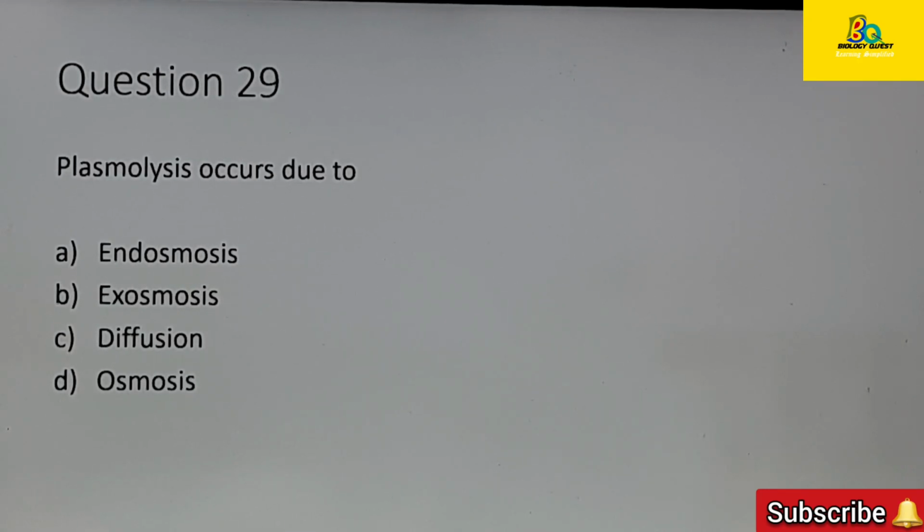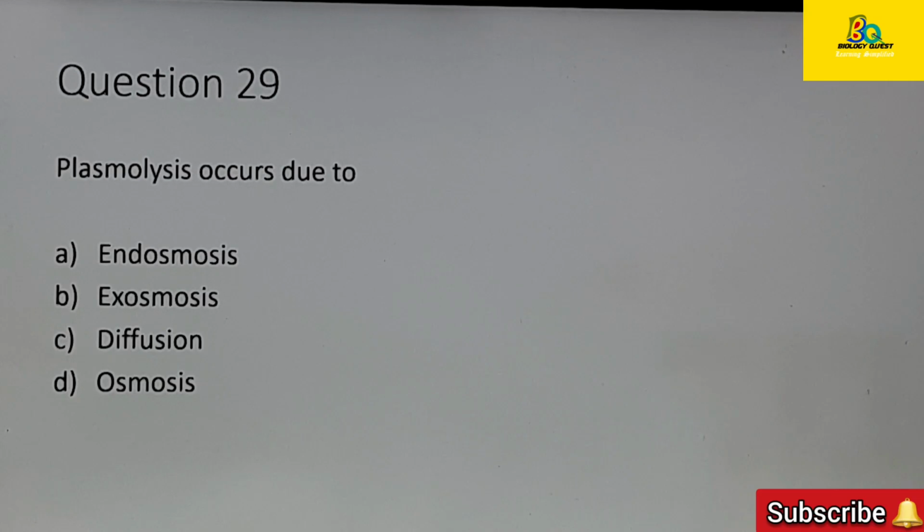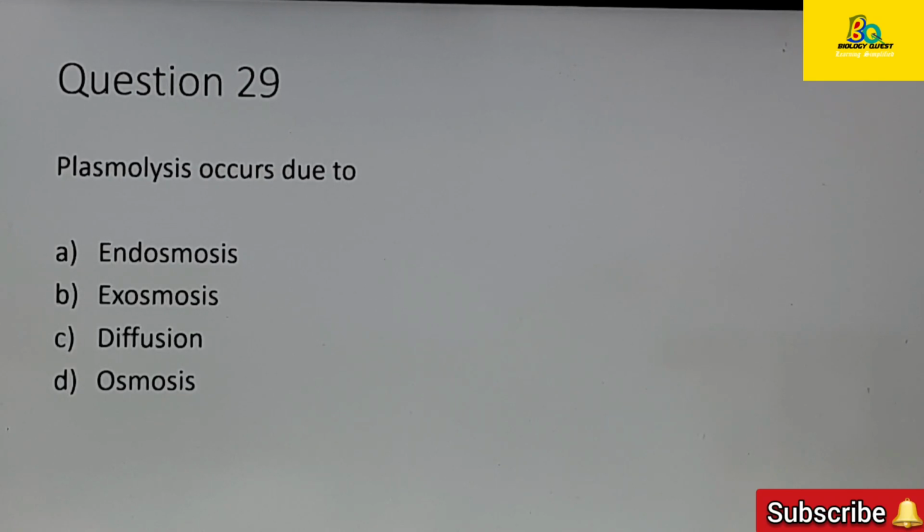Next question. Plasmolysis occurs due to, we have already discussed a similar type of question before. What is the cause of plasmolysis? Options are endosmosis, exosmosis, diffusion, osmosis. When does a cell undergo plasmolysis? When the cell is placed in a hypertonic solution.